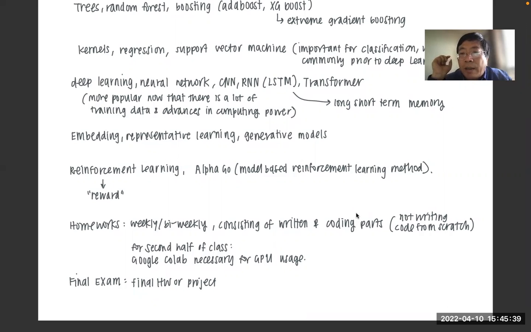And for the coding part, mostly you don't need to write the code from scratch. You only need to implement some existing code, for example, the Python code, and obtain the results.